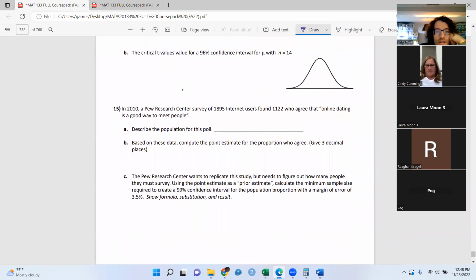And I want you to read question C and tell me the parameter you're being asked to work with and the question you're being asked to solve.